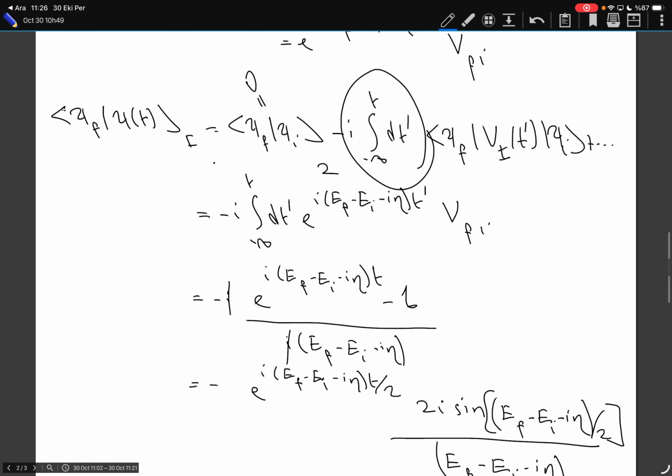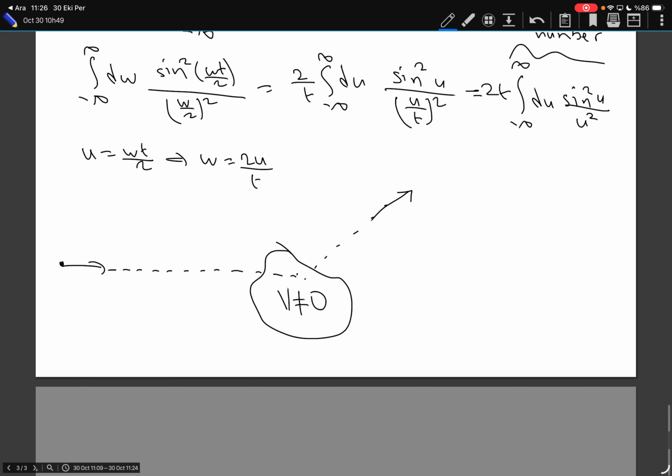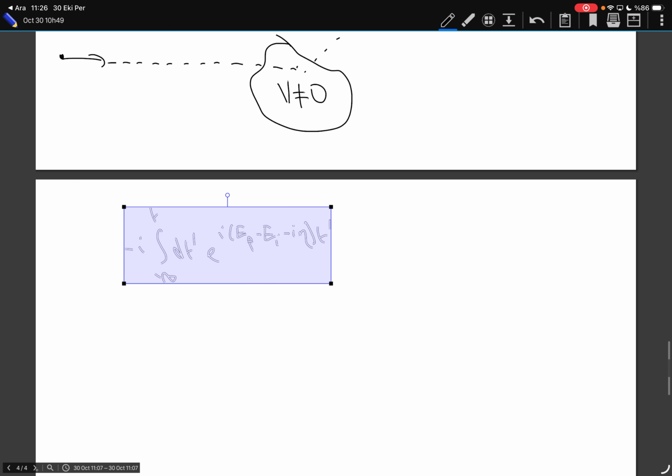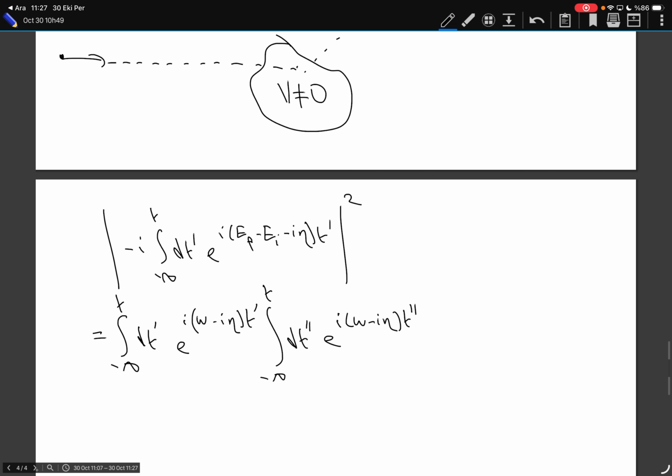I'm calculating the square of this thing, which is the integral from minus infinity to t of dt prime e to the power i omega minus i eta t prime. I will set eta to 0.